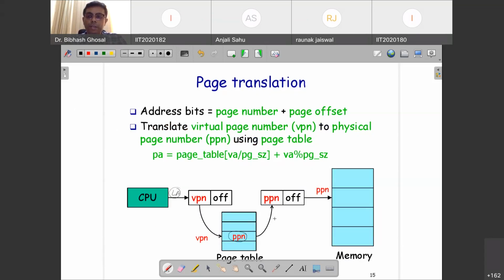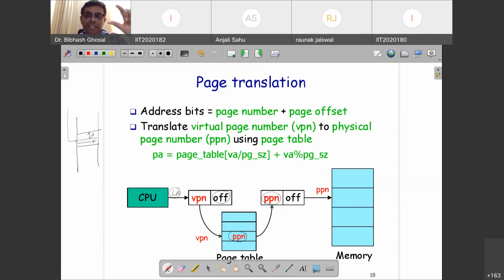Once you get the frame number, you add that value to the rest of the bits of the logical address, which is called the offset. What is offset? Well, if this is the page and the address is actually required for this particular location, this is the offset.